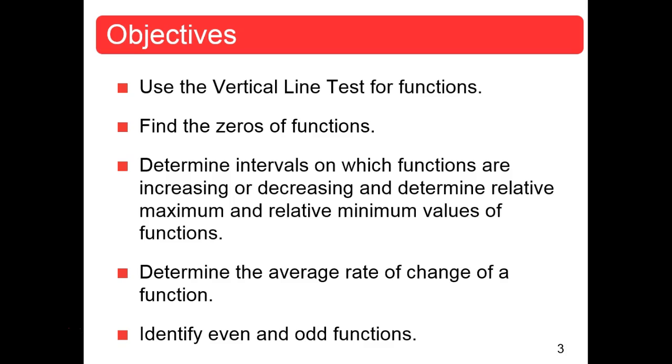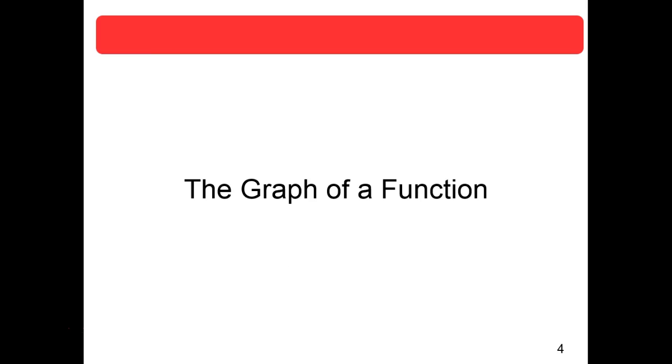We'll determine the average rate of change of a function, and you'll discover you've already done that without realizing it. We'll get back to that. And we'll identify even and odd functions. Boy, there's an odd one. Okay, never mind.